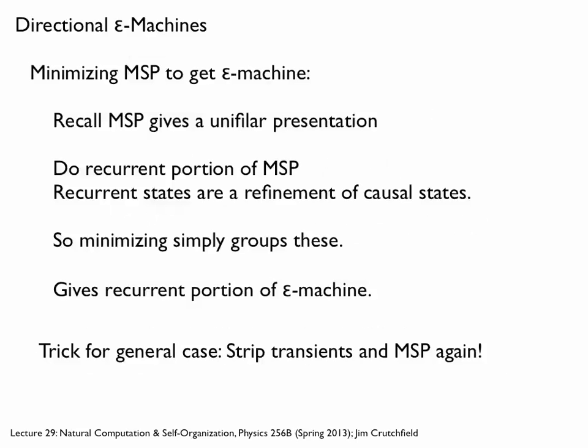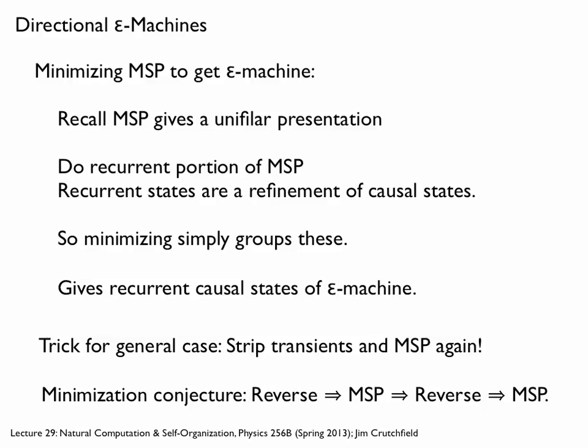In general, what you have to do is minimize the mixed states. The mixed state presentation is a unified presentation, which, if you remember way back to when we were talking about the epsilon machine optimalities, means it predicts the process, it describes the process.